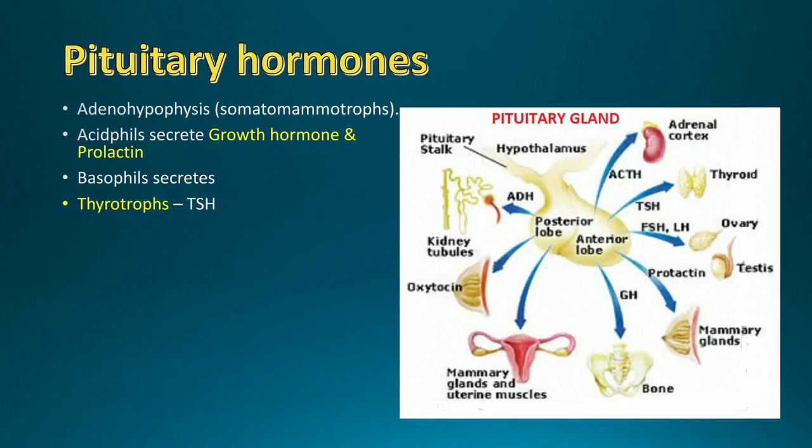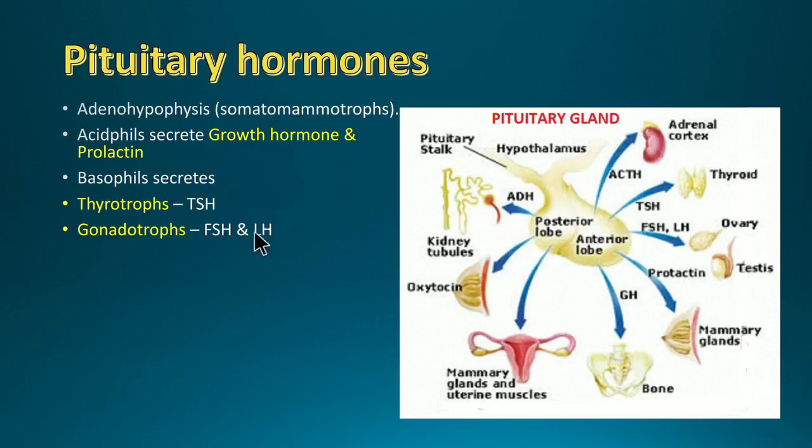Basophils mainly secrete through thyrotrophs thyroid stimulating hormone, which stimulates the thyroid gland to synthesize T3 and T4. Then gonadotrophs: follicle stimulating hormone in the case of the ovaries, and luteinizing hormone, also called interstitial cell stimulating hormone in males, which mainly stimulates the Leydig cells to synthesize testosterone.